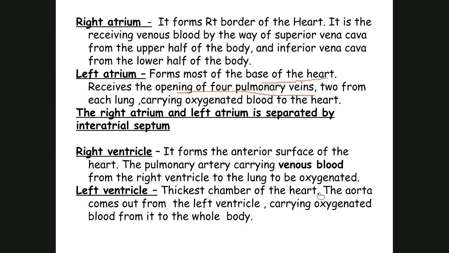The aorta comes out from the left ventricle. So the big vessel, what is that big vessel? The aorta is coming out from the left ventricle. Okay, this is clear here.